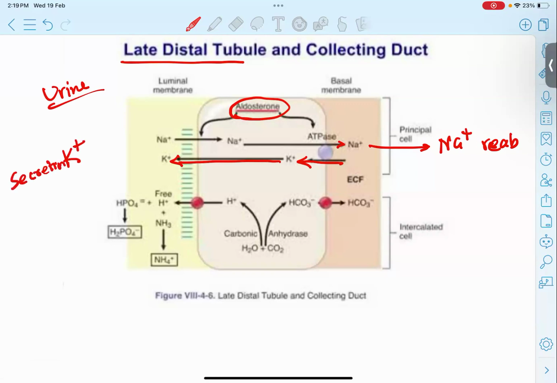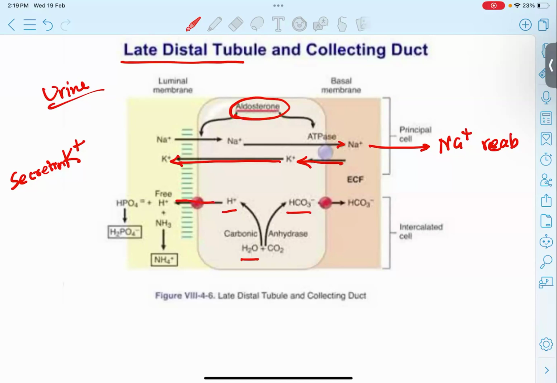So sodium, we are reabsorbing sodium and we are secreting potassium in the lumen, or in the urine. Next, what is happening? We have water and carbon dioxide here. Along with the carbonic anhydrase enzyme, carbonic acid is further divided into bicarbonate and proton.